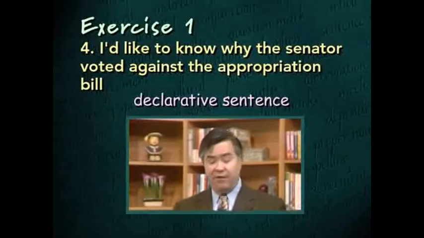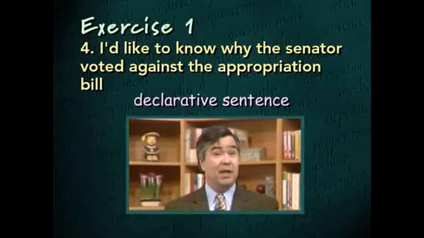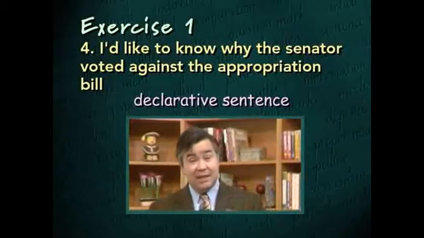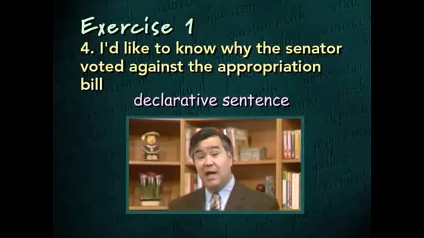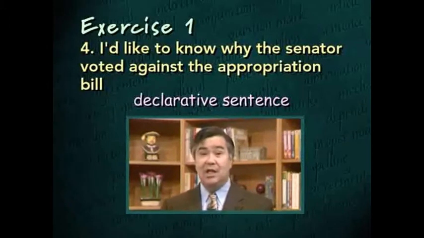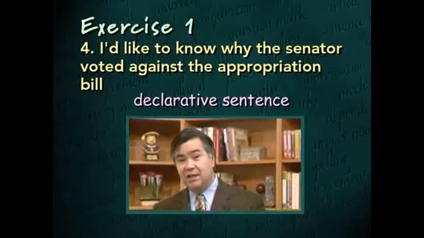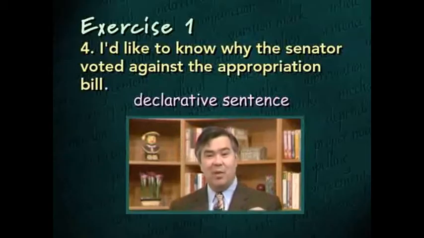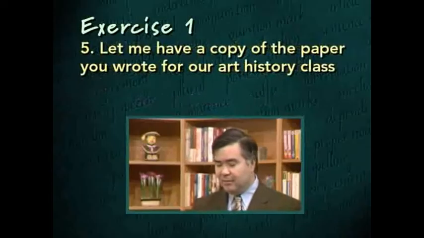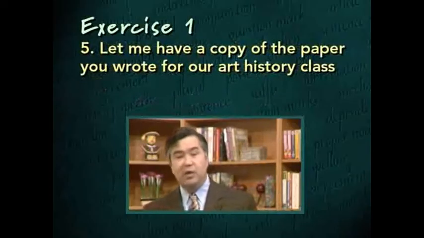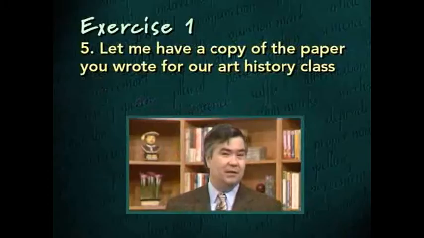It states as a fact that I am wondering about something or I would like to know something. It is stating that as a fact rather than expressing the question directly. And remember, an indirect question is really a declarative sentence and should be ended with a period rather than a question mark.